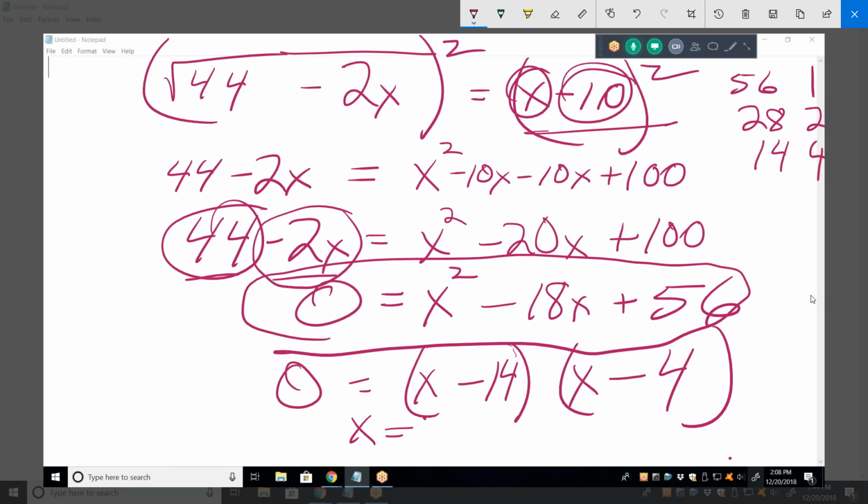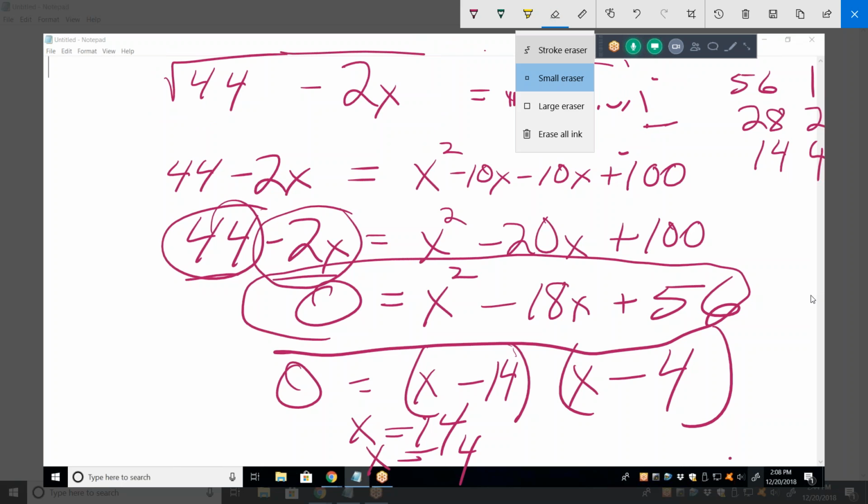Okay. Now we have to check both solutions, because again, we have a radical sign. And let me get back to the point that we started. Hold on, let me just erase that and make it read x. It's x minus 10, correct?